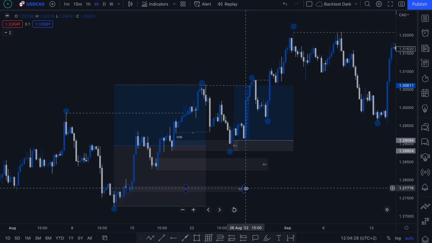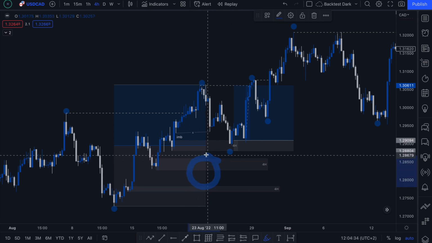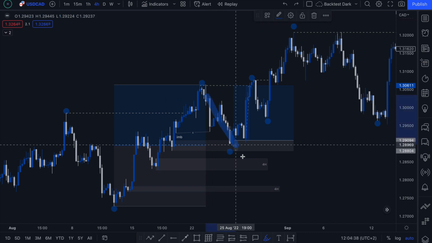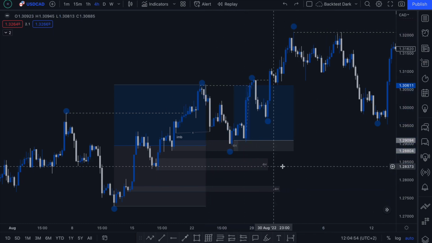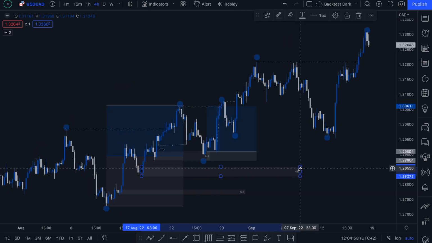One thing I think it's very important that you guys understand is just because you identify a demand zone in discounted pricing does not mean that you need to 100% see price action come down and mitigate that before continuing. However, marking out this 4-hour zone is not incorrect.